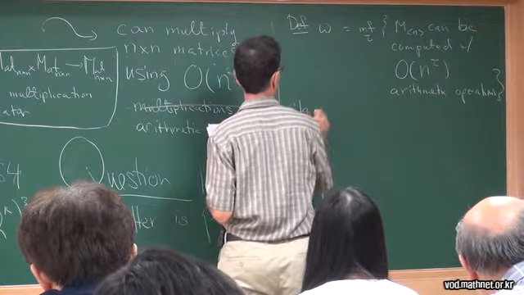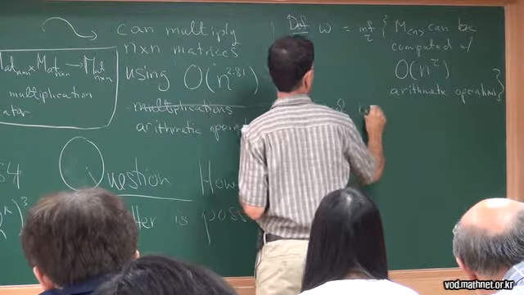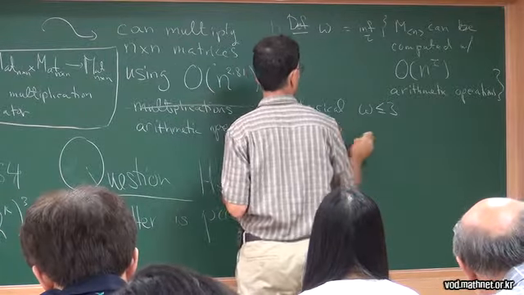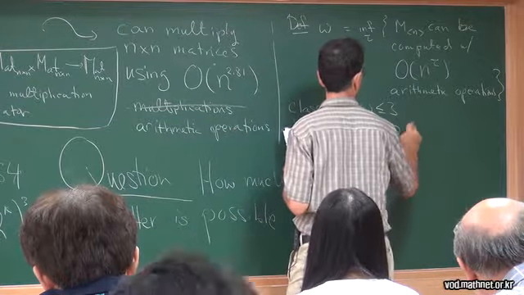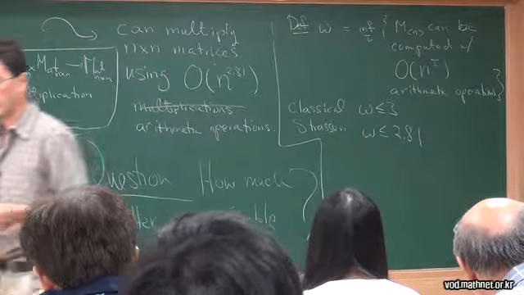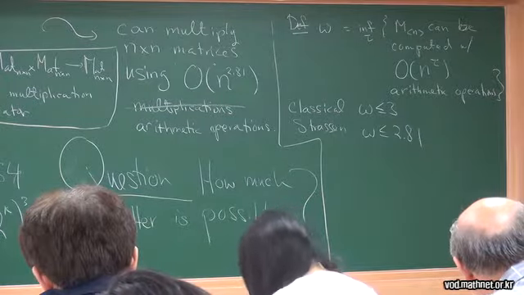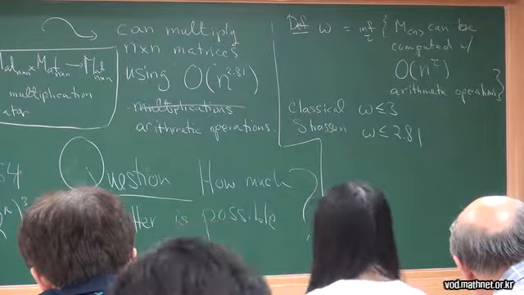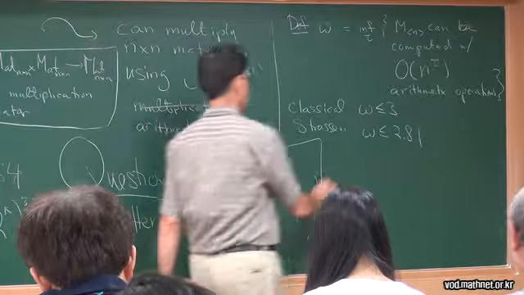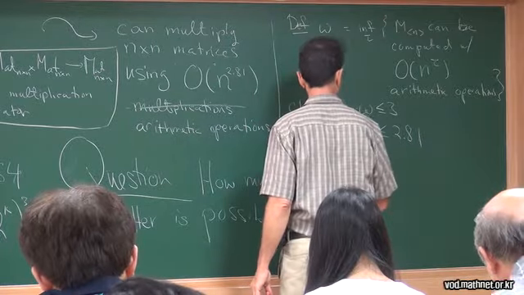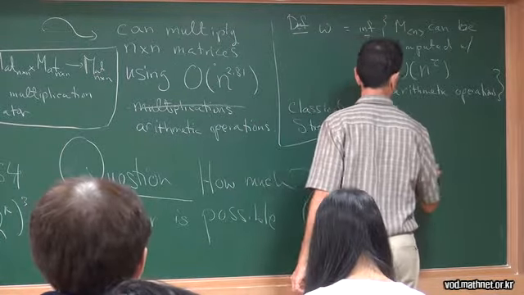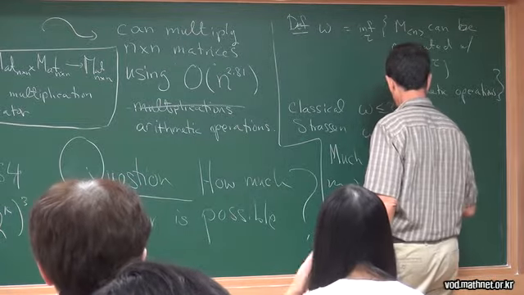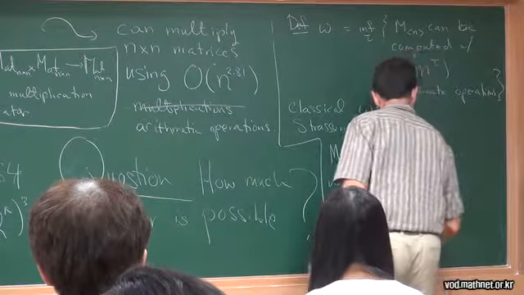So classical is that omega is less than or equal to 3. Strassen is that omega is less than or equal to 2.81 in this language. Now, what is absolutely amazing is that much research has led to the fact that omega is less than or equal to 2.38.